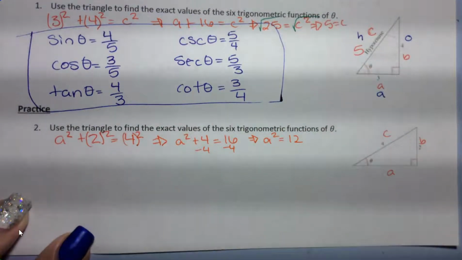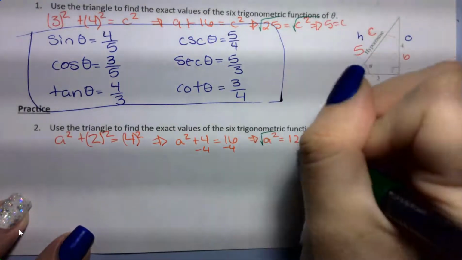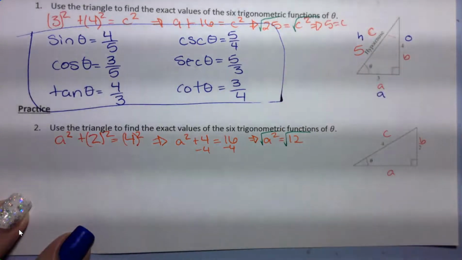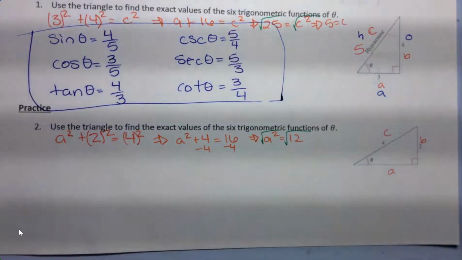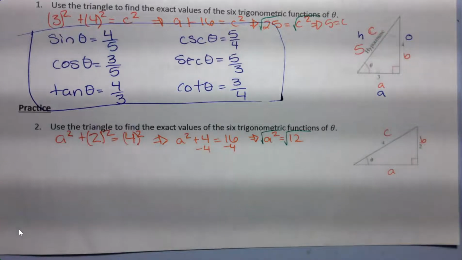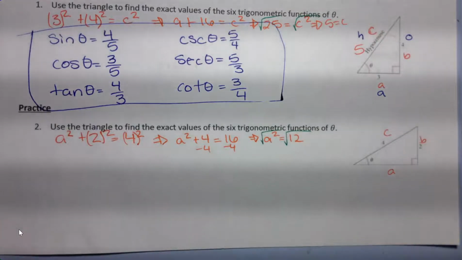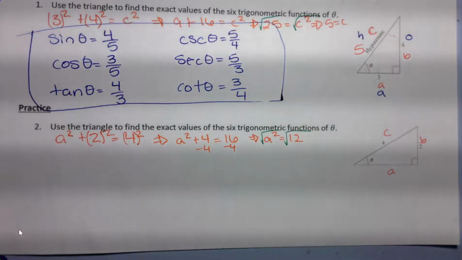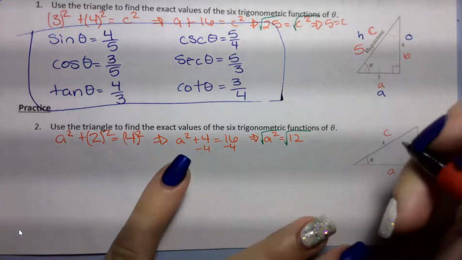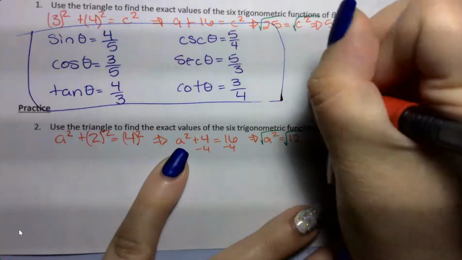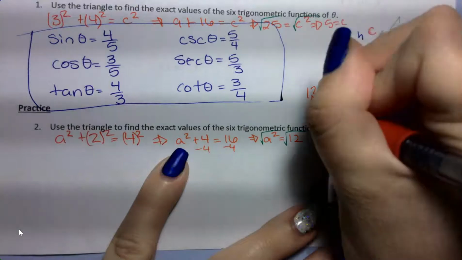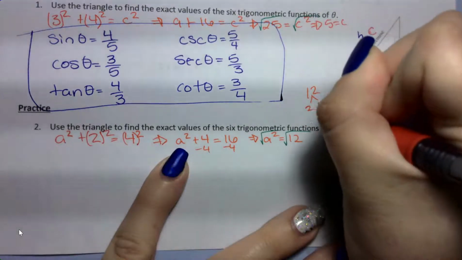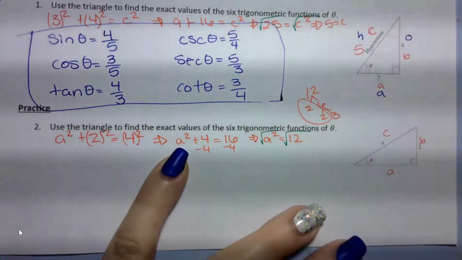Then I want to go ahead and take the square root of both sides. 12 is not a perfect square, but what I want to see is if I can simplify it further. I am going to use a factor tree for 12 and see if I can simplify that. So I'll do that up above. My factors of 12 are 2 and 6, 2 and 3. I have a pair of 2's.